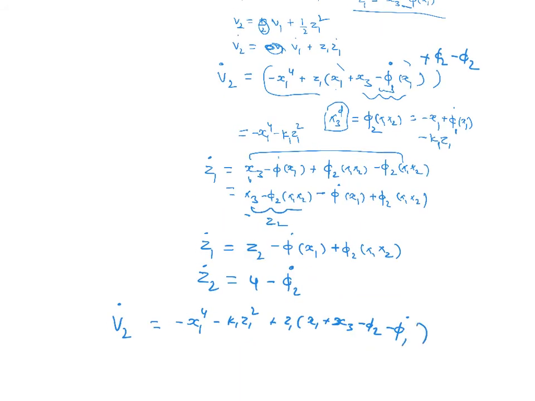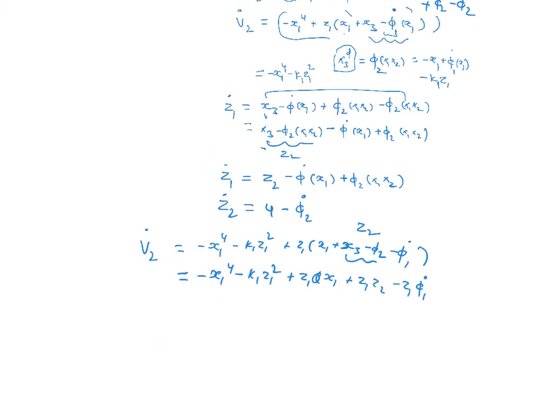So this is basically saying equals minus x1^4 minus k1 z1 squared plus, so this becomes z2, right? So that becomes z1 x1 plus z1 z2 minus z1 phi1 dot. That's the new v2 dot.